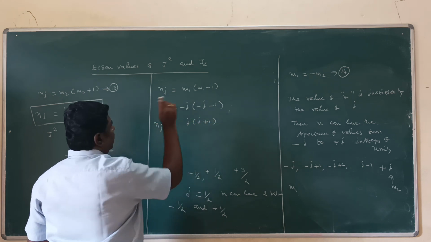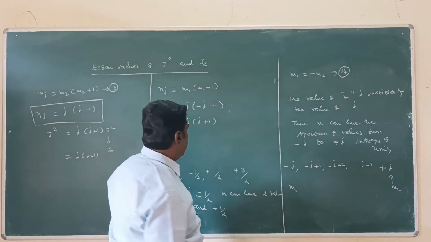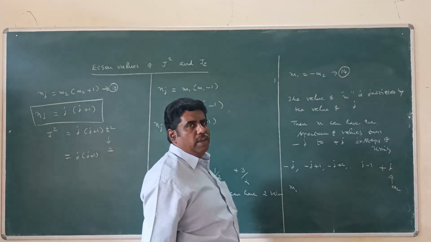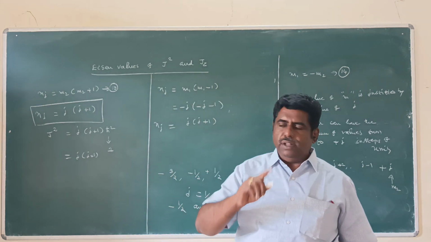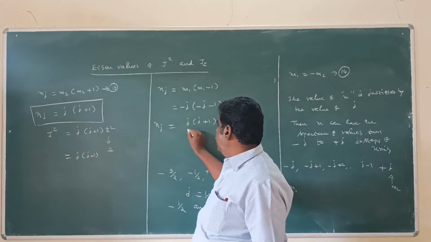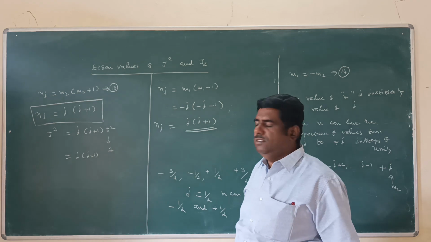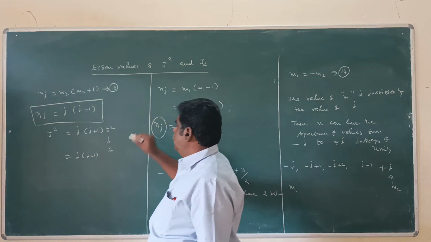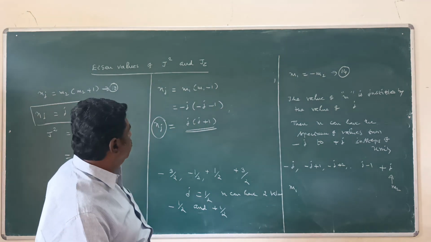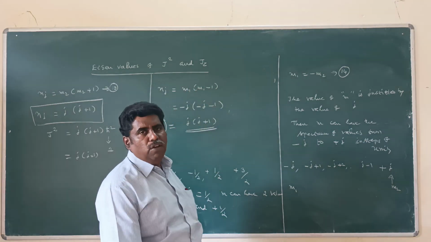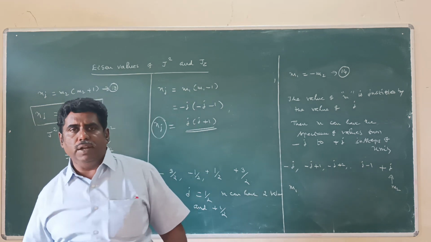So in both cases, the value of eta j is j into (j plus 1). So the eigenvalue of j square is j into (j plus 1) h cross square. If you keep h cross as 1 unit, the eigenvalue of j square is j into (j plus 1). In this way, we have evaluated the value of eta j. The eigenvalue of j z is m into h cross. That's all about the eigenvalues of j square and j z.